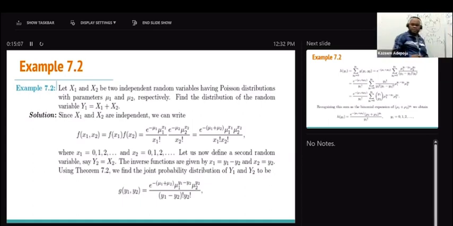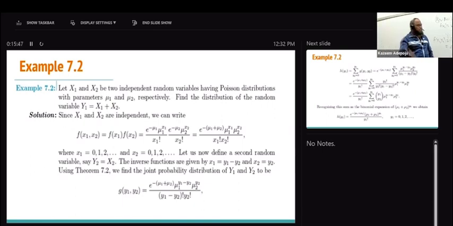When you multiply them, you're able to combine the exponentials, so you have exponential of negative (mu1 plus mu2), and then mu1 raised to power x1, mu2 raised to power x2, divided by x1 factorial, x2 factorial. So what you have now is the joint distribution for x1 and x2.